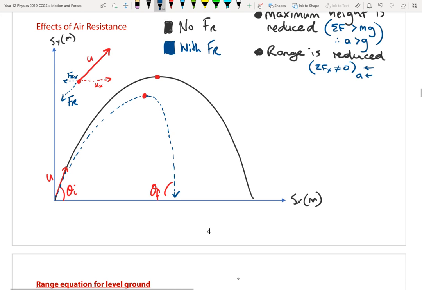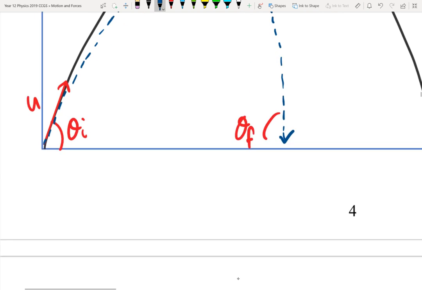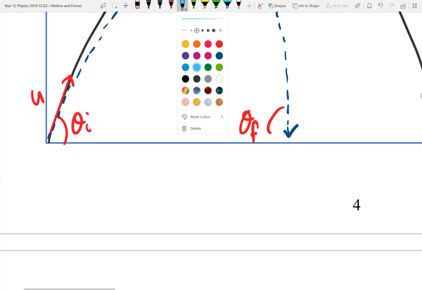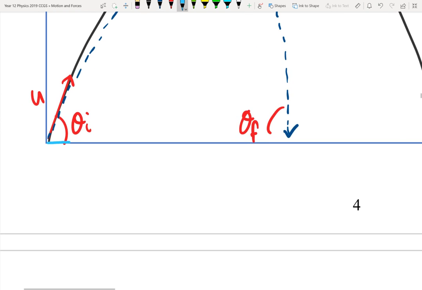Okay? So, with that in mind, could you please sketch on our trajectory a ux and a vx? And I need you to draw vx reduced, as we just said. If there's a backwards horizontal force, then that's going to reduce the size of my horizontal vector.